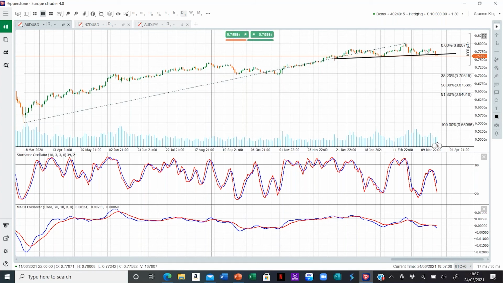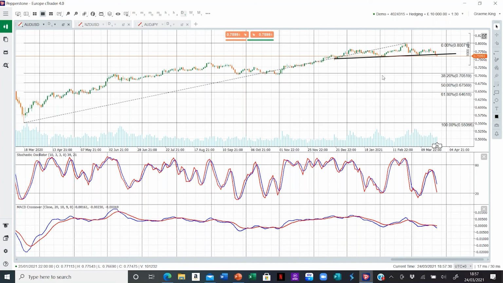The recovery you would normally expect if this is a bullish trend is a push to new highs. However, what we actually see is a failure of that upside strength, a lack of commitment pushing to new highs, followed by a break of the trend line connecting the recent lows. So we've got the left-hand shoulder, the head, and the right-hand shoulder.